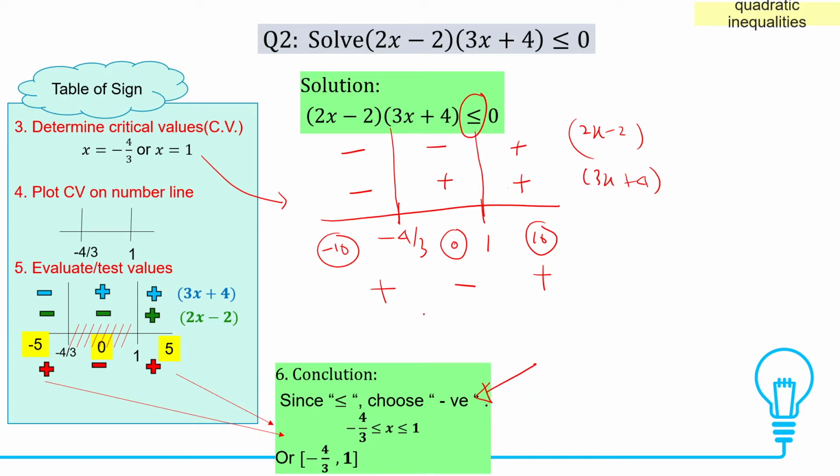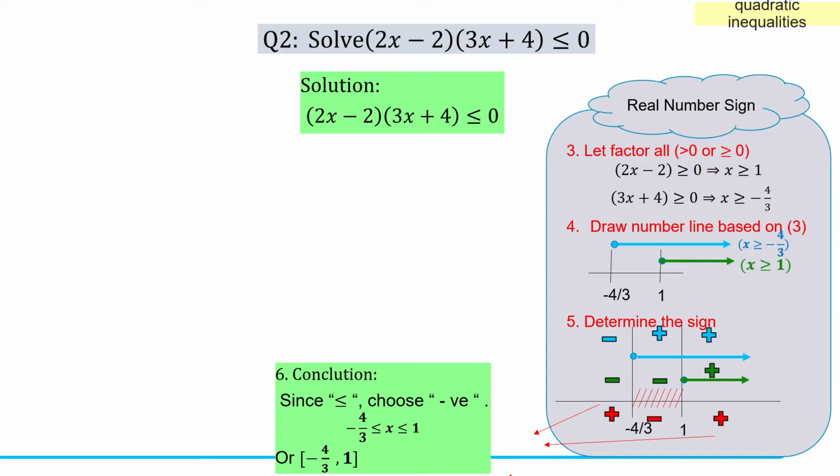No. Actually, you can straight away give x negative 4 over 3, 1. But for your checking purpose later on, it's easier that you write this statement so you will know that you did nothing wrong. Okay. Now, the last one over here, this is the time to show you that this is compulsory.